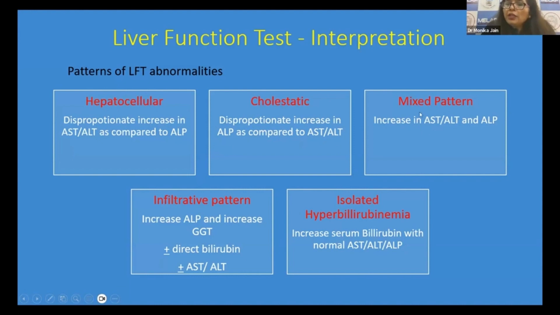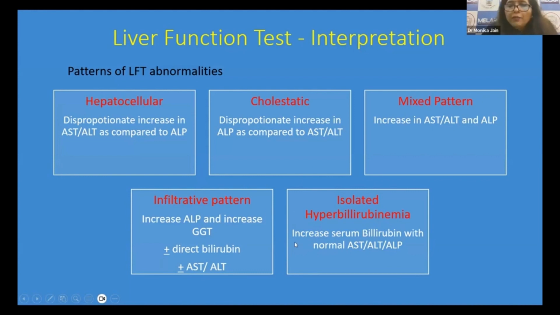Mixed pattern, in which AST, ALT, and alkaline phosphatase are all raised. Then comes the infiltrative pattern. Whenever there is infiltration inside the liver, that will increase alkaline phosphatase and gamma GT, and may increase some bilirubin and some transaminases, but predominantly ALP and gamma GT will be high. Isolated hyperbilirubinemia means there is only an increase in serum bilirubin with normal AST, ALT, and alkaline phosphatase. These are the 5 patterns which we can get when we order our LFT.